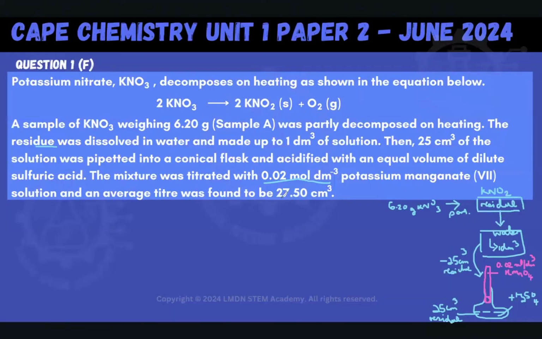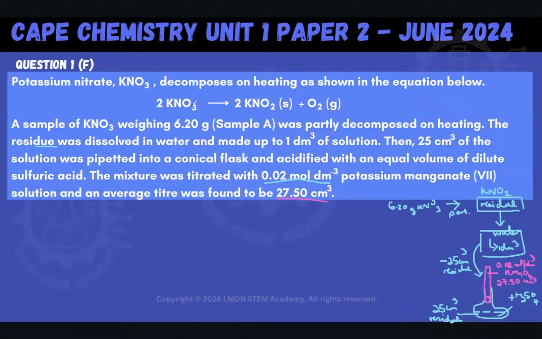And they said that in the end, we're going to end up using this much of that KMnO4. So I'm going to put that the volume we're going to use is 27.50 cm cube.